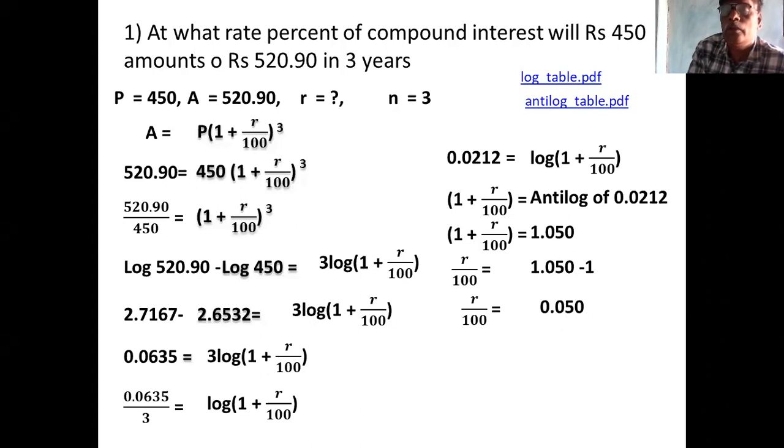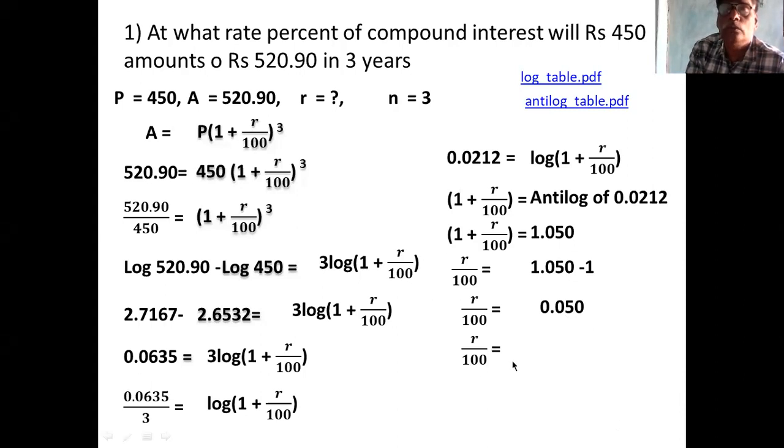Then this 100 is a denominator. You take that side. What happens? Anyone tell me? If you take this 100 to right hand side, what happens? Multiply. Okay. Thank you.